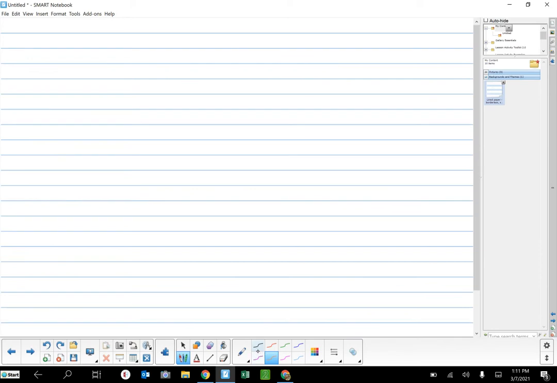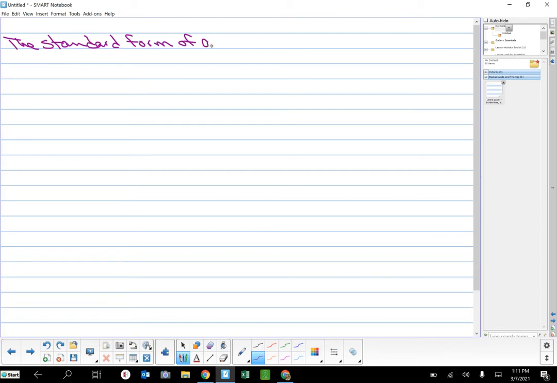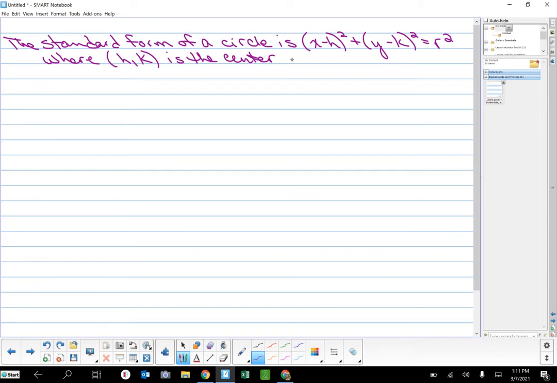Okay, so the standard form of a circle is the quantity x minus h squared plus the quantity y minus k squared equals r squared, where the point (h, k) is the center of the circle and r is the radius.